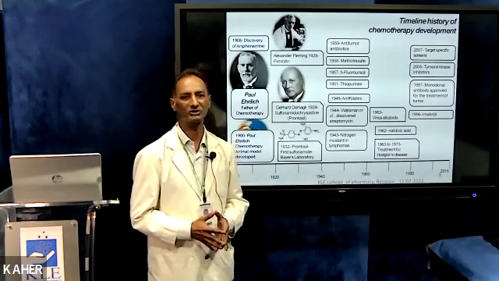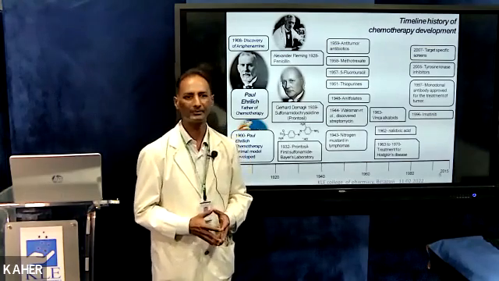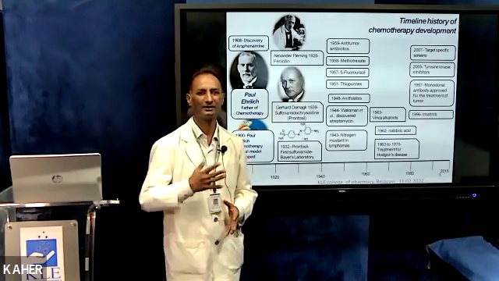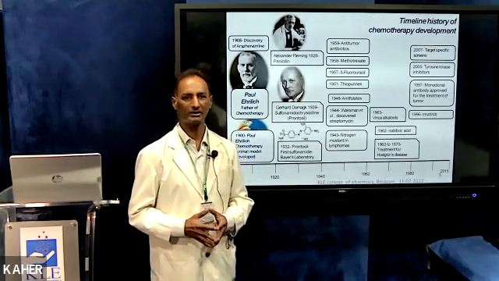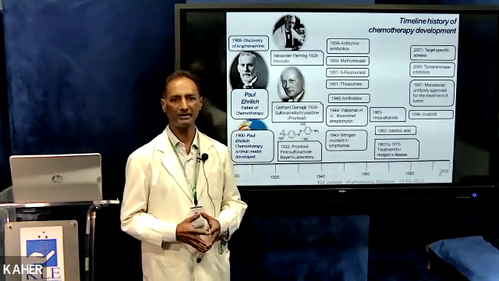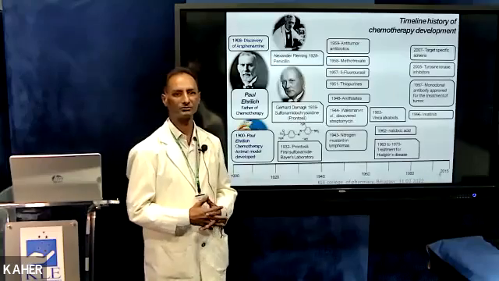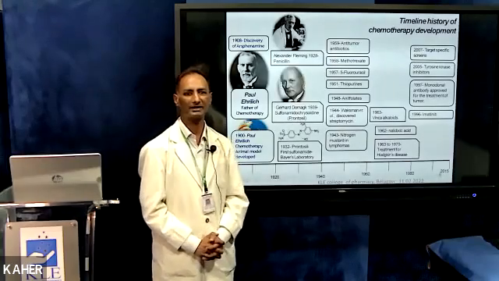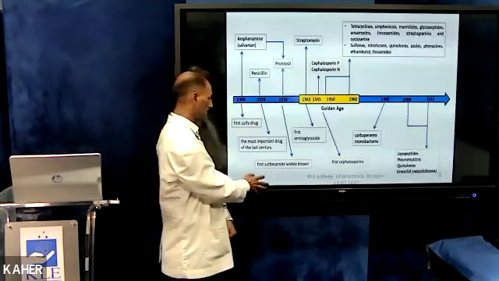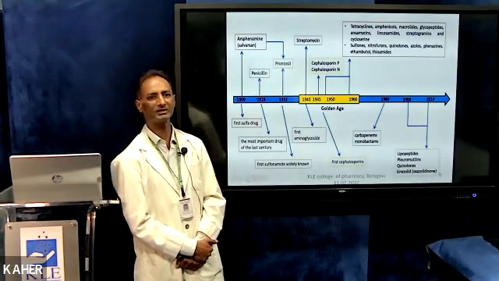After that, in 1962 nalidixic acid, which is used for UTI and is one of the safest drugs during pregnancy. After that came monoclonal antibodies in 1996, imatinib being one example, and after that target-specific chemotherapeutic agents were discovered. This is the history of evolution.